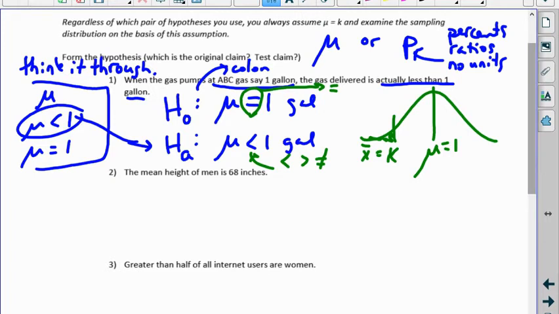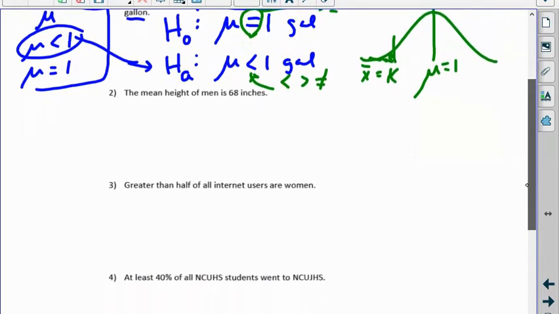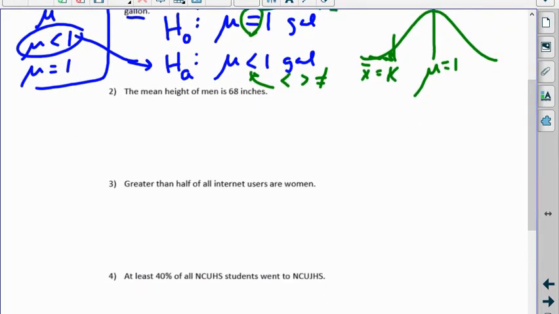If it is, that's evidence that they were lying about their gas pumps. If it's greater than 0.05, then I don't have enough evidence to say they're lying about their gas pumps. Okay. That's statistics in a nutshell. Do you have evidence? It has to be a probability below some level, usually 0.05.